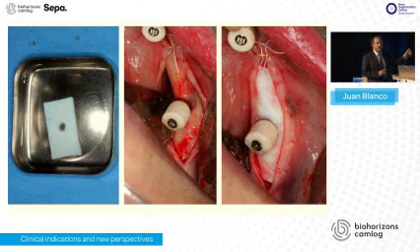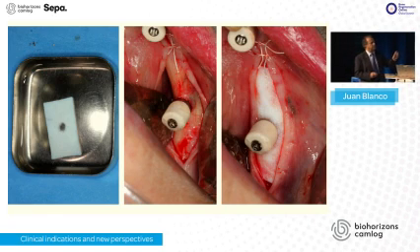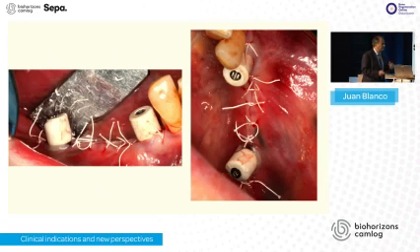We can make a hole, like a punch, and we place the membrane covering the buccal part and also the lingual part. Then we suture, avoiding the exposure of the membrane. We suture everything. Everything has to be very tight around the 2 implants, avoiding, again, the exposure of the matrix.